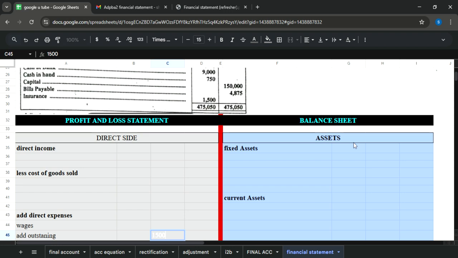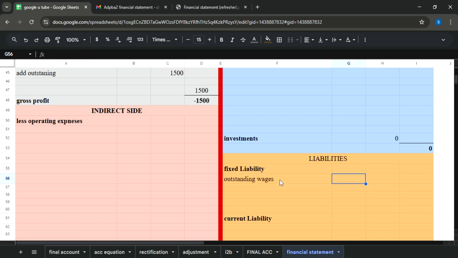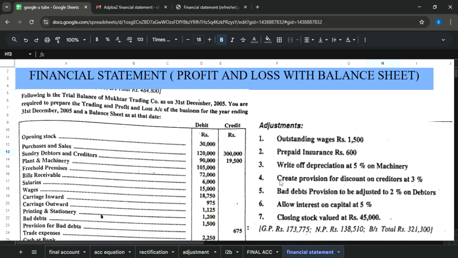Secondly, since it's an outstanding expense, the second effect would be outstanding wages on the liability side, the amount of which is 1500, so you can mention it over here. First adjustment is completed. As you know, it's an expense, it would be added, and a liability.